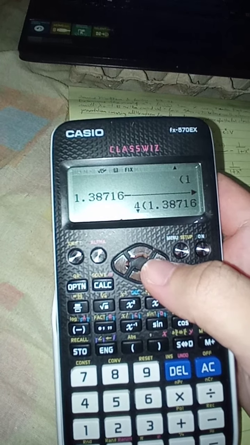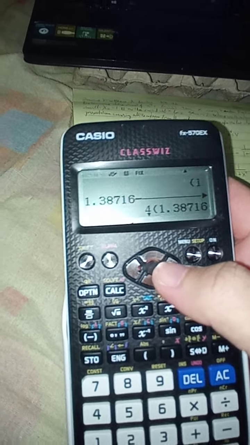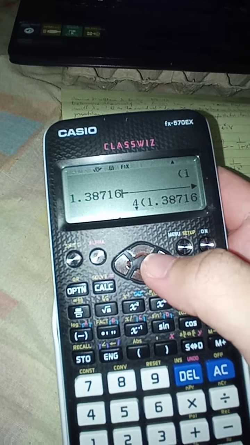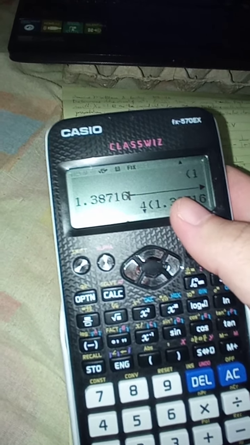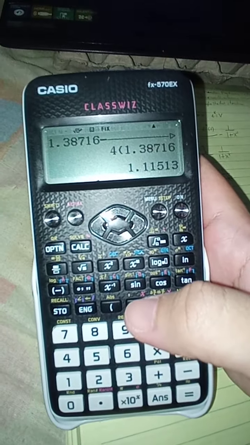Now we already substituted the value of x1. And please don't forget, set your calculator into radian. Now the value is 1.11513. So let's write it.